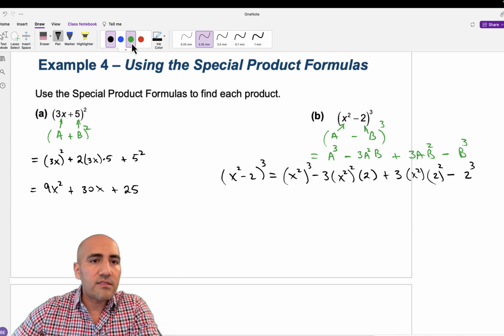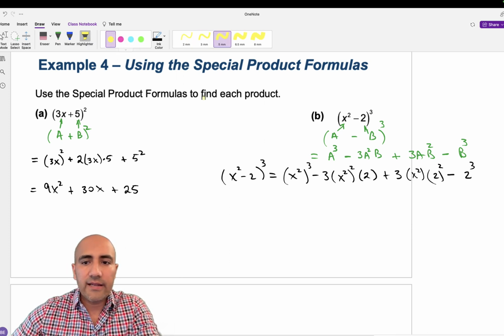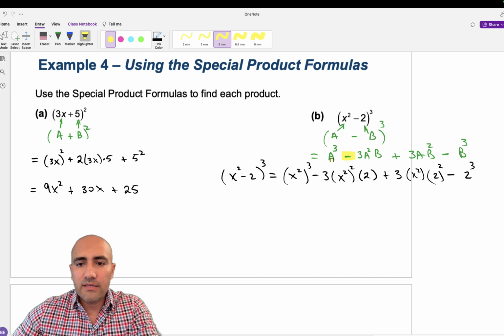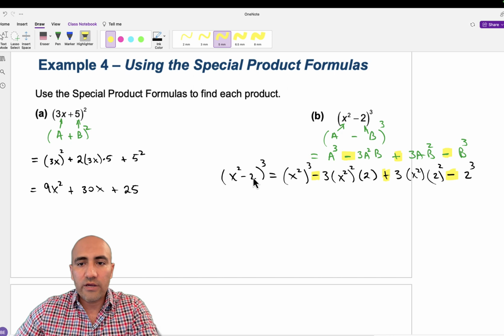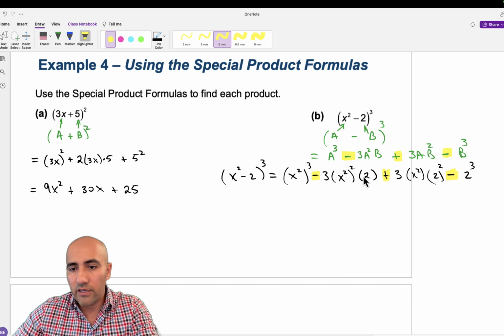Good. So keeping the signs, let's come back over here and point that out. There is a minus there, that's why there's a minus there. There's a plus here, there's a plus there. There's a minus there, there's a minus there. So this formula already takes into account that this is a subtraction of a positive 2, a subtraction of a positive b. So I do not carry this minus into here, for example.